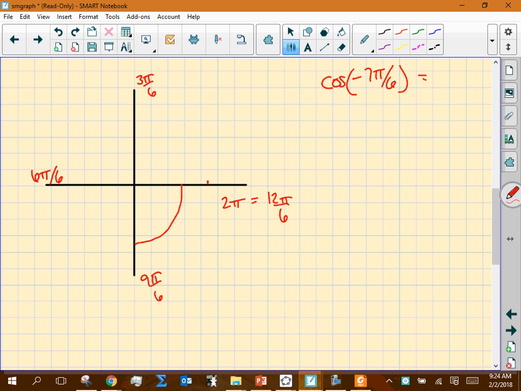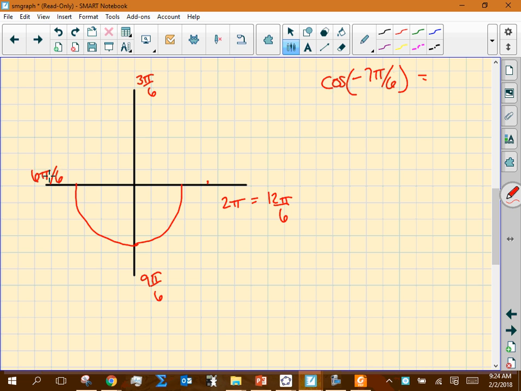Now, here's the thing. That angle right there that I've traced out, is it 9 pi over 6 radians? No. It's negative 3 pi over 6 radians, right? I've only traced out 90 degrees in that direction. So you got to kind of flip these things and think about them that way. Okay. But if I go this way, I have traced out 180 degrees, right?